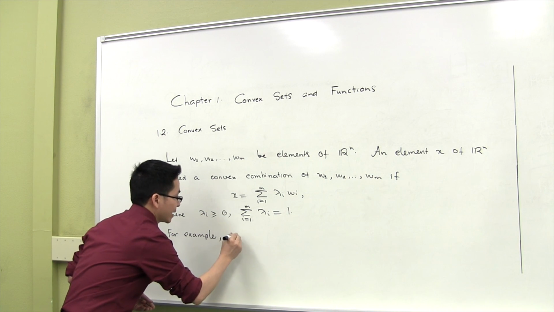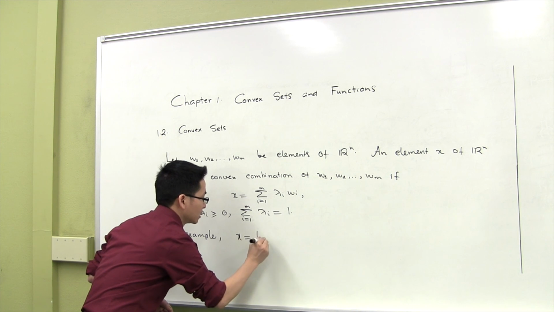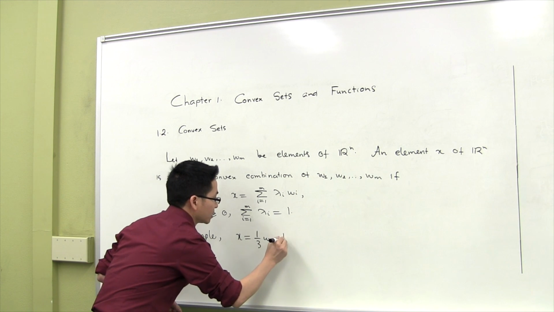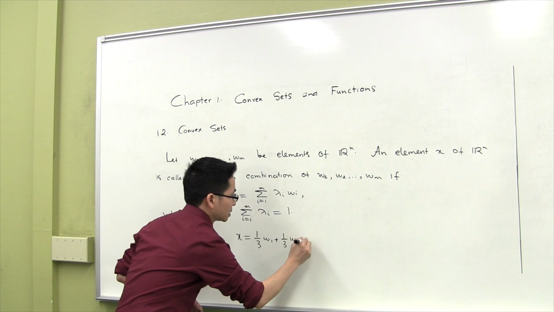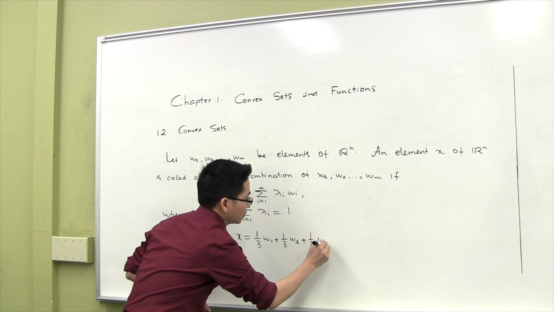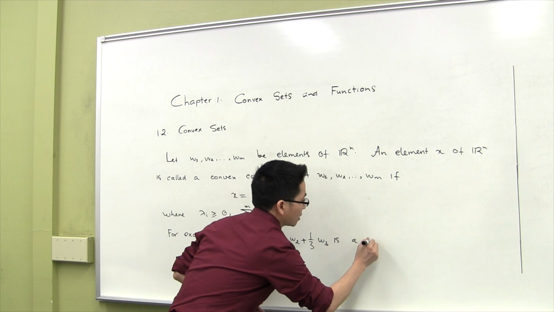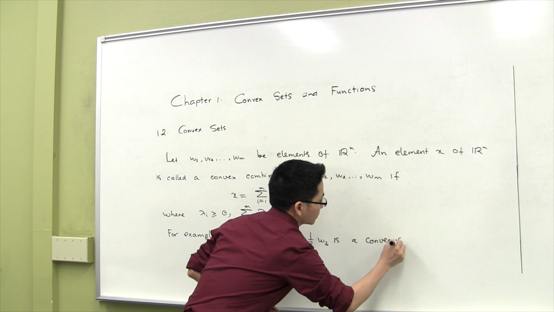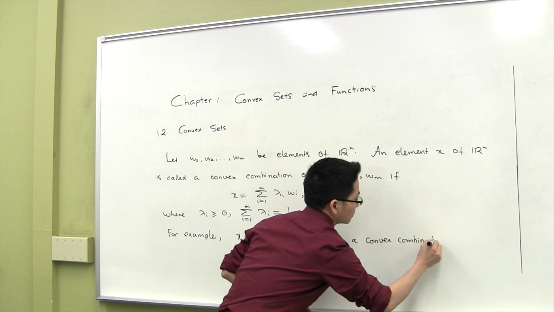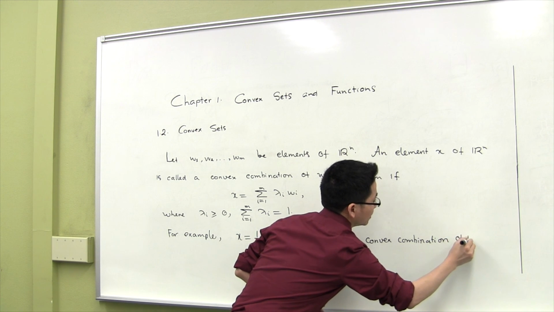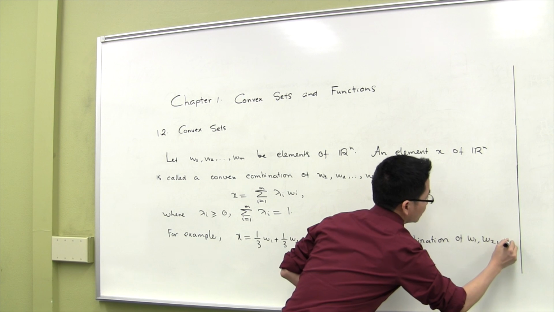For example, the element X represented as 1/3 W1 plus 1/3 W2 plus 1/3 W3 is a convex combination of W1, W2, and W3.